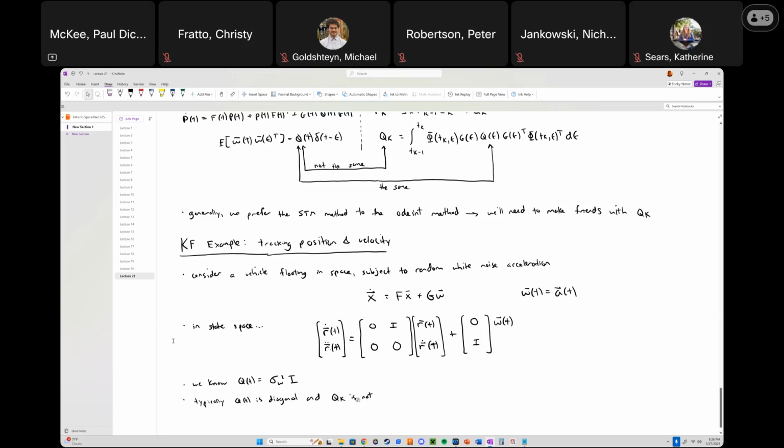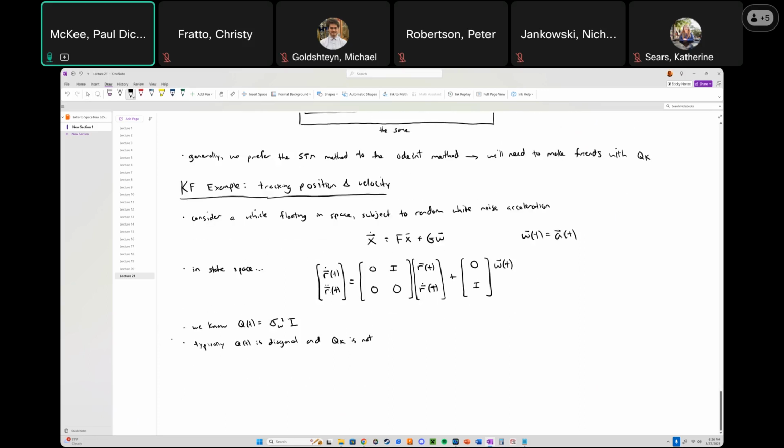Also, from the above, we can say that phi from tk minus 1 to tk is what? We're skipping some steps here, but following the state transition matrix math that we did several lectures ago, you can convince yourself that this is the case.